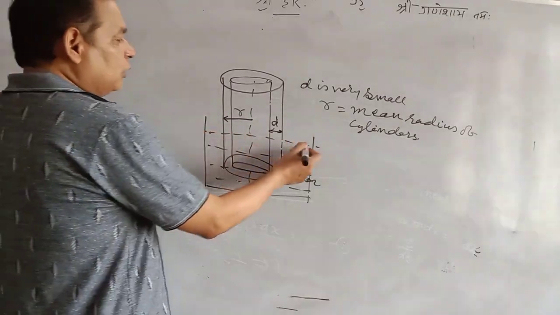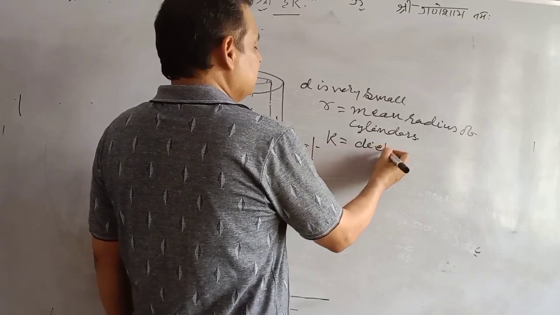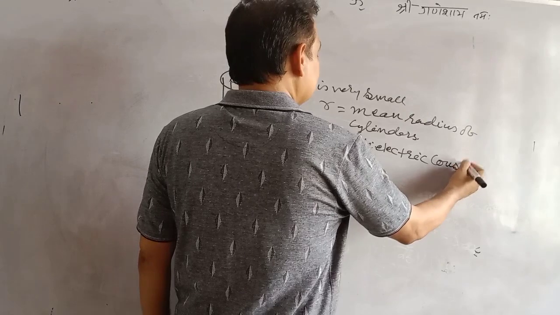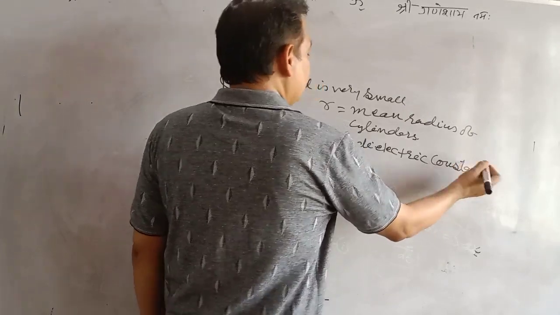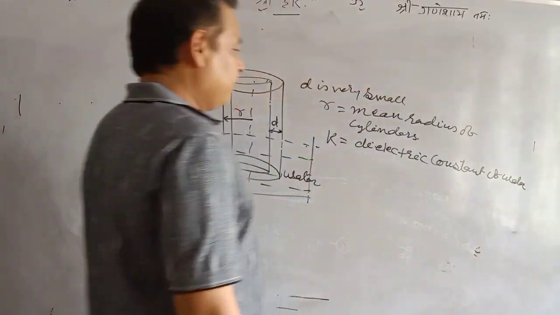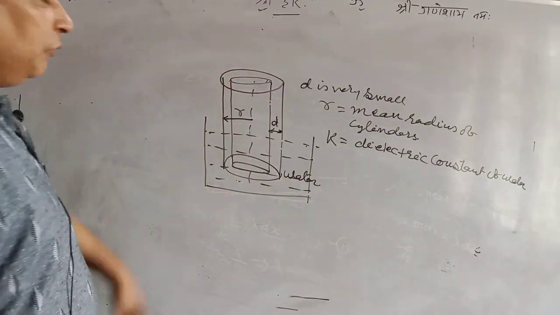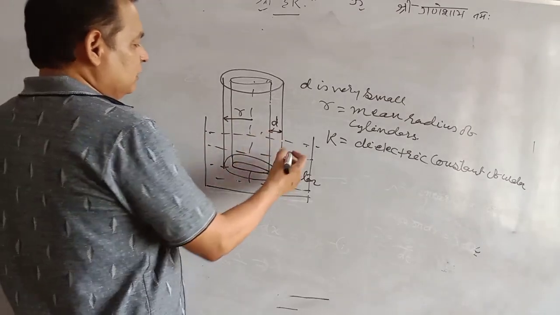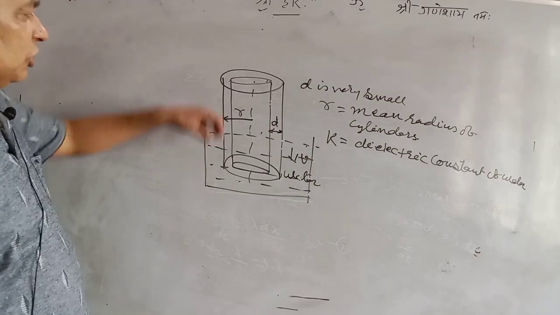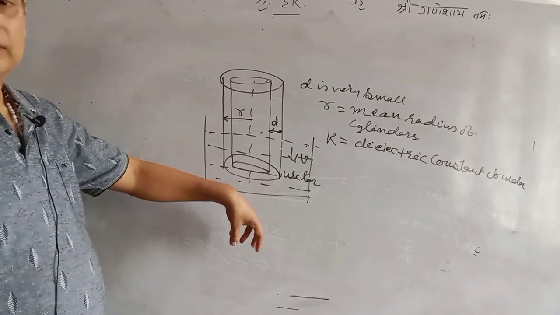Dielectric constant of water is K. K is dielectric constant of water. Slowly with v velocity, suppose with v velocity, this cylinder is dipped inside this water.